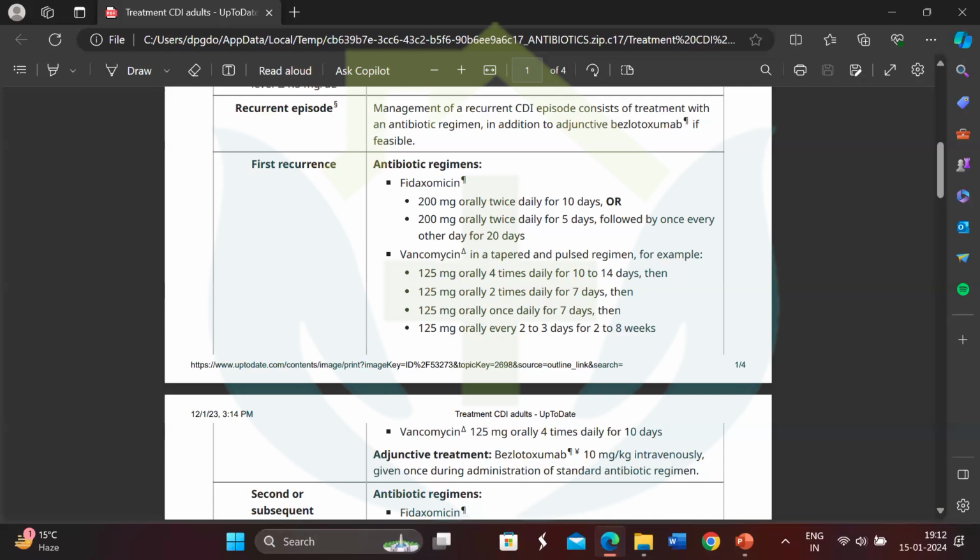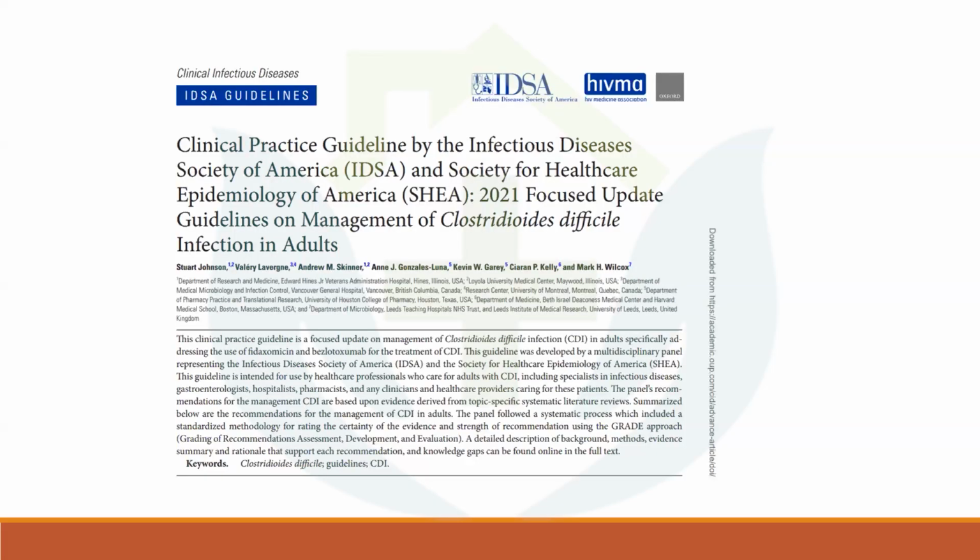I've just put a screenshot of this for a recurrent episode, for first recurrence, for subsequent recurrence, what are the antibiotic regimens, because some changes have been made in the treatment. You should be thorough with this. So to read it completely, this is the IDSA guidelines of 2021, a focused update on Clostridium difficile. Very nice guidelines about C. difficile infection they have given. You can read this on the net.